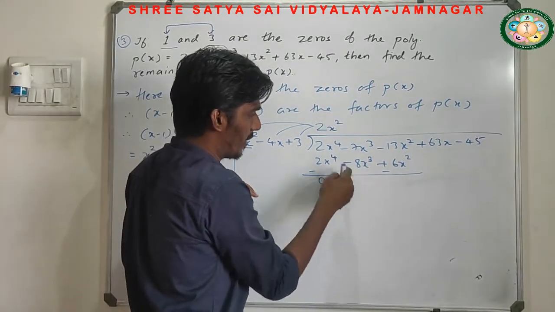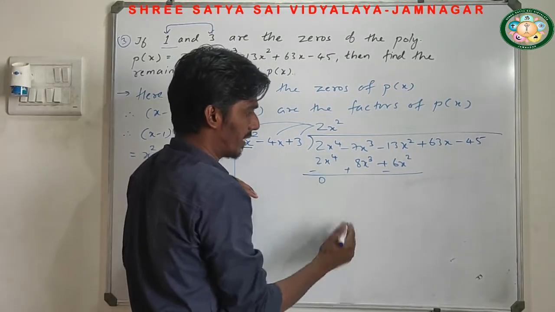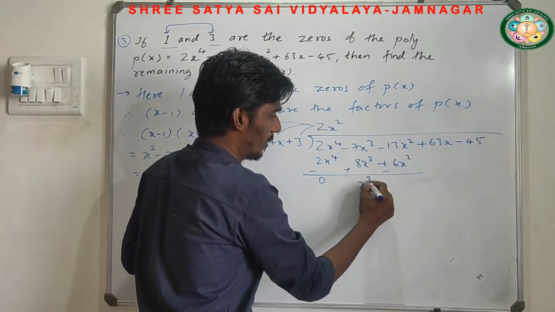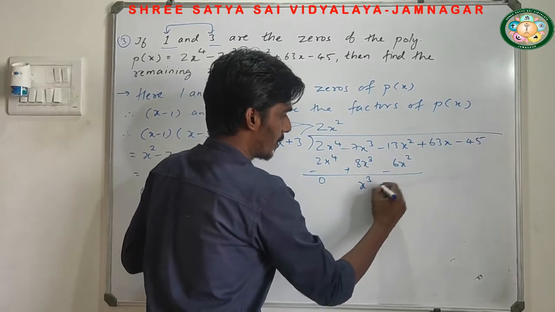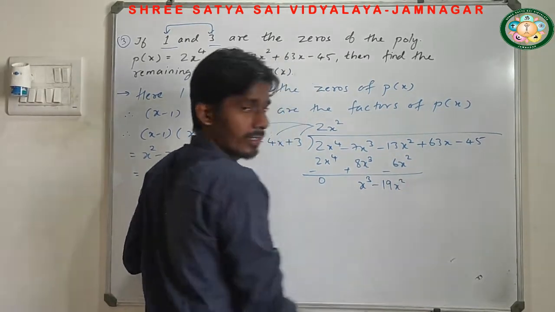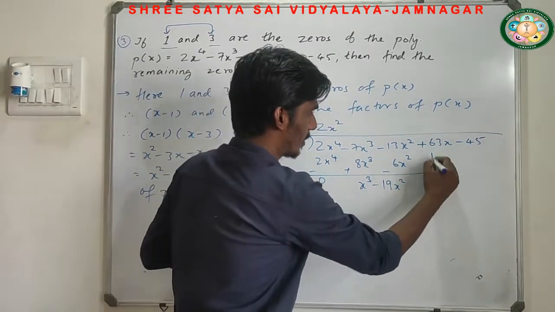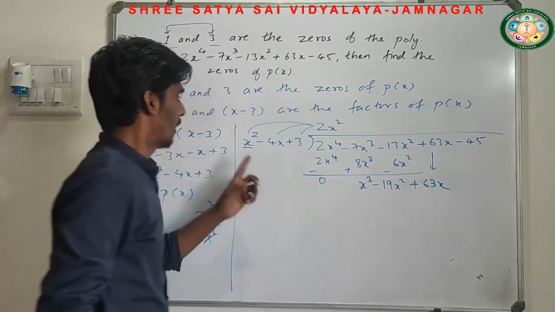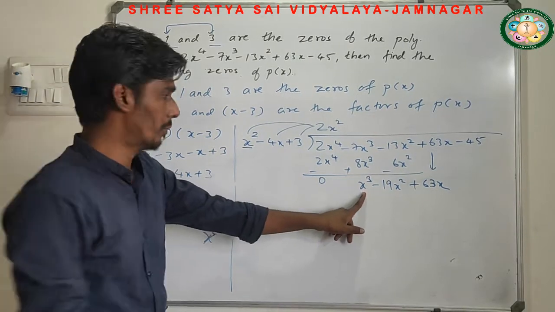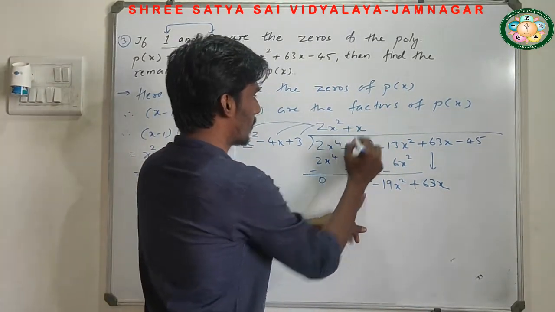Now minus 7 plus 8, it's only x cube. Minus 13 minus 6, it's minus 19x square. Carry down 63x. Now from x square I have to get x cube. So what am I going to multiply here? Only x.